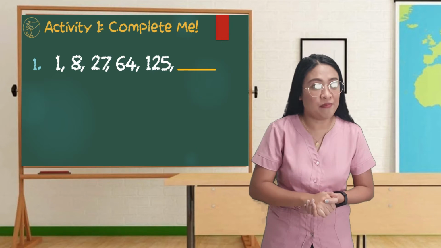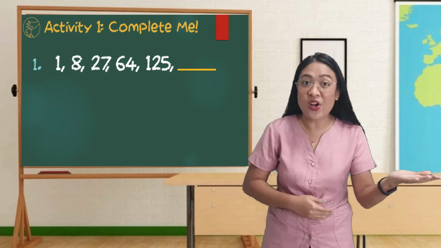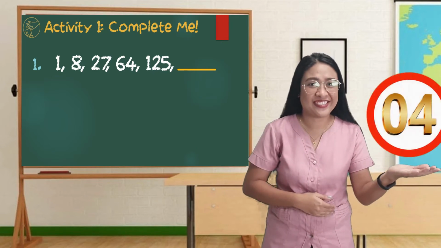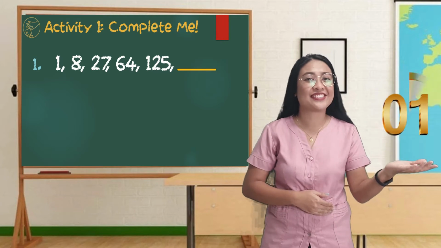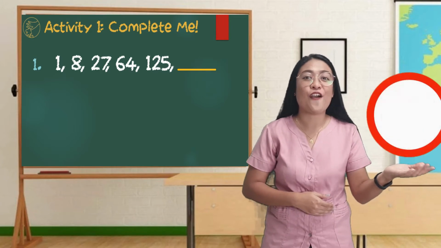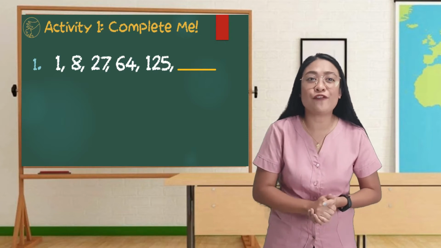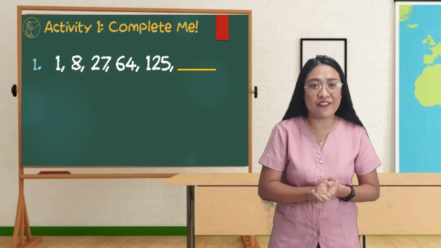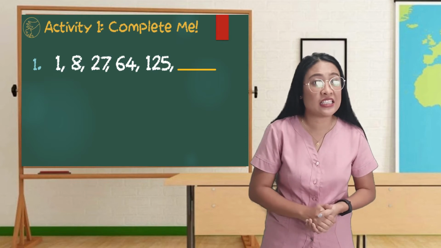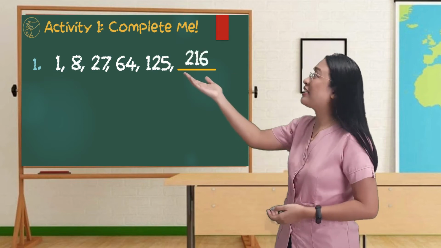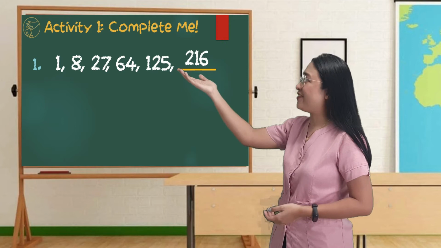What is the next number? What is your conjecture? Very good! They are the cube of the first 5 terms or first 5 numbers. Thus, the next number is 216.